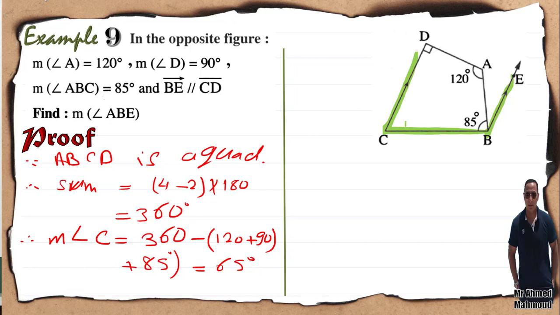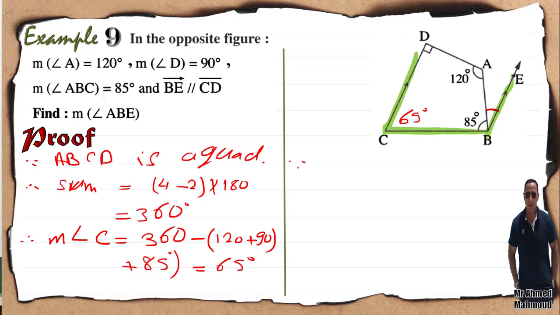Inside this U shape I have 65 degrees and I need this angle. This U shape equals 180. So to find this angle, I'm going to subtract 180 minus 65 and 85.